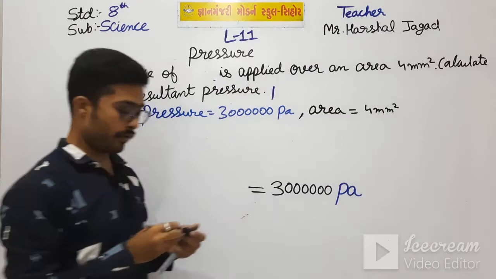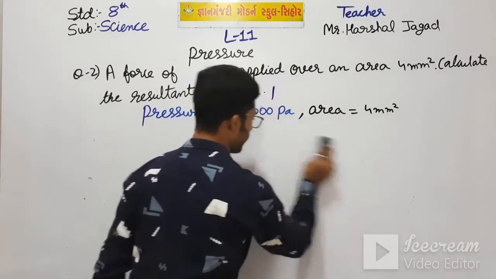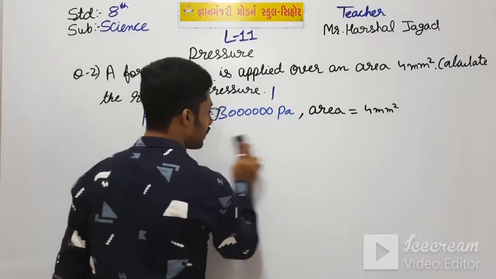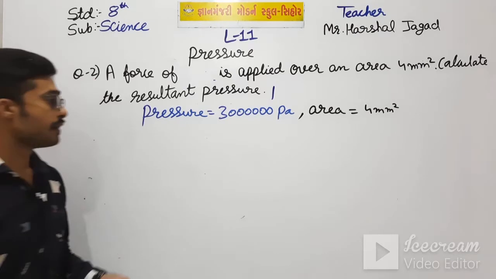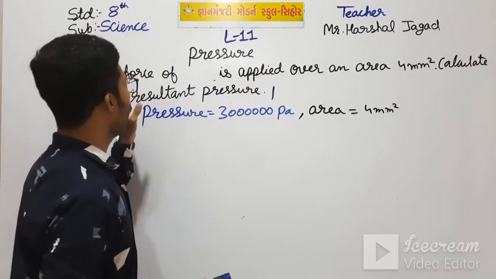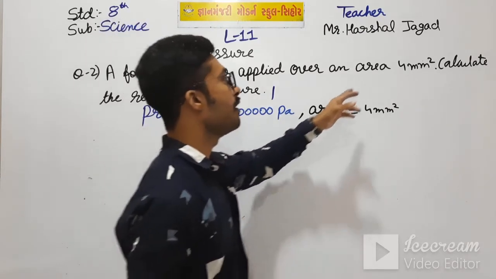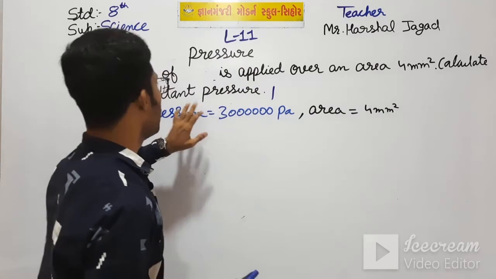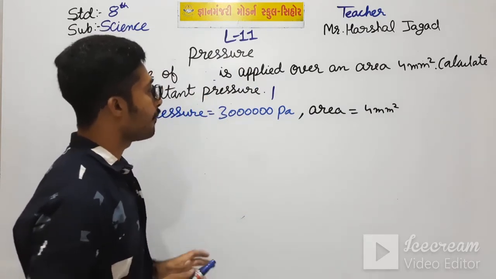So now we have to calculate the force. How much force is applied over an area of 4 mm square, and the resultant pressure is 30 lakh Pascal.